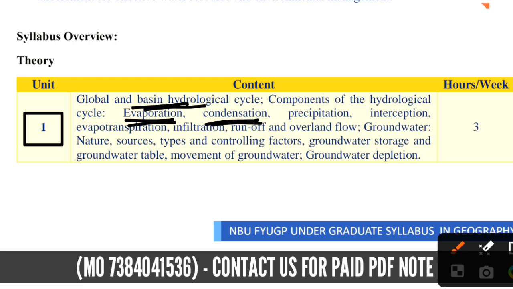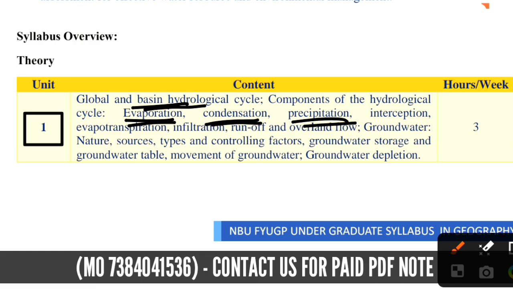In this process, water vapor changes into small water droplets. After that comes precipitation. Precipitation means water coming back from the atmosphere to the earth in different forms such as rainfall or snowfall.